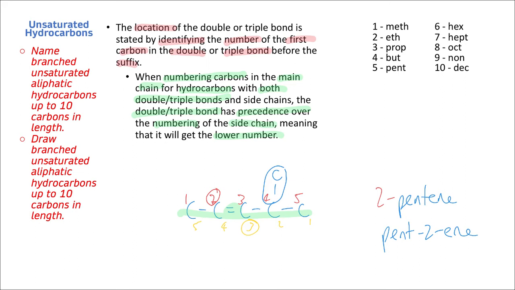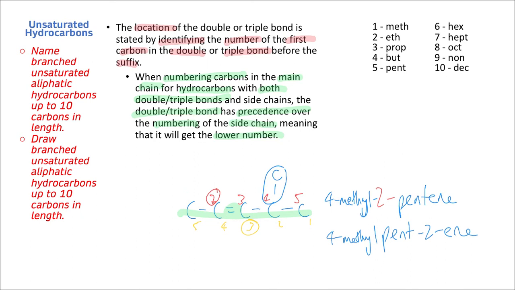This is also a methylpentene, so this is a 4-methyl-2-pentene, or 4-methylpent-2-ene. That shows the location of the double bond as well as the location of any side chains there. And if you have multiple double or triple bonds, you're going to be able to write them in.